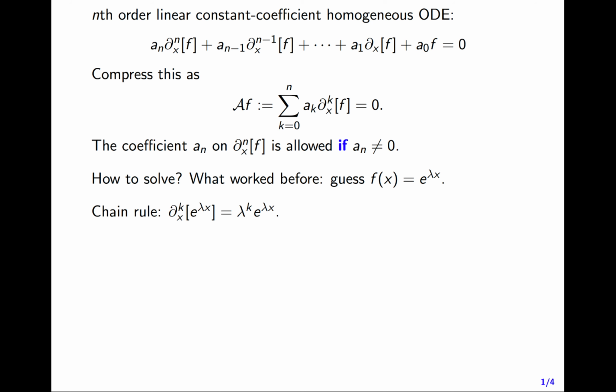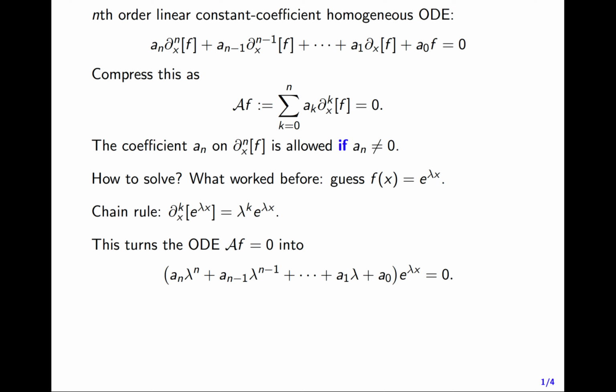So first we need to remember what the chain rule says. If I differentiate e to the lambda x k times, I get back lambda to the k times e to the lambda x. So I do that for each of the terms in my nth order equation, the nth derivative, the n minus first, all the way down to the first derivative, and then the term a0 f.